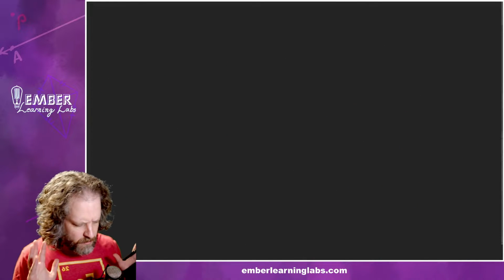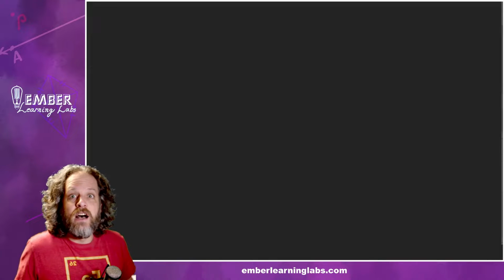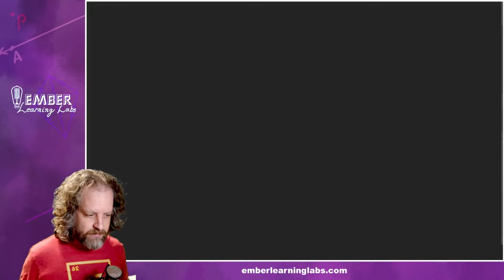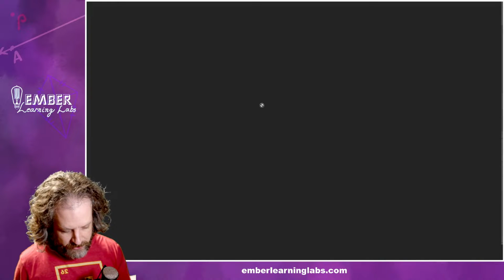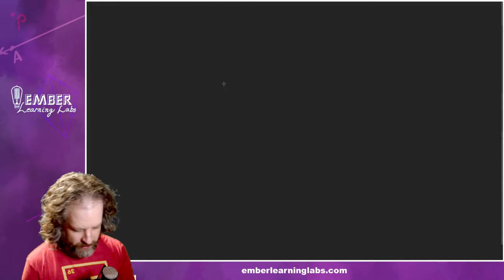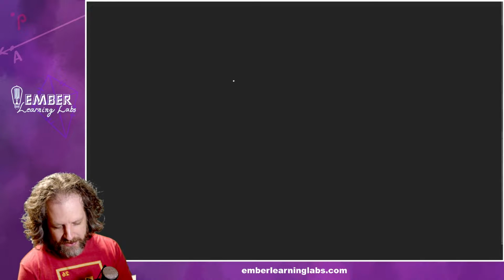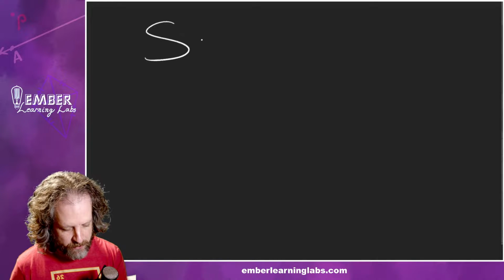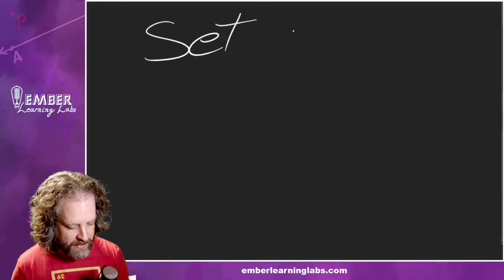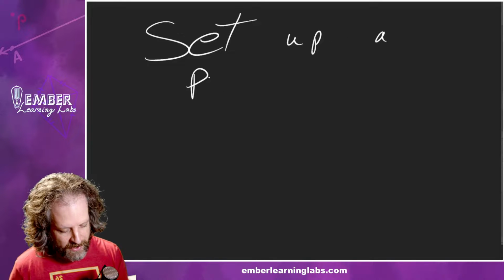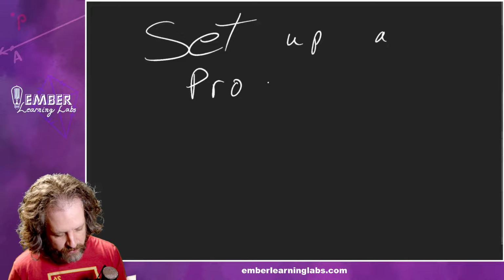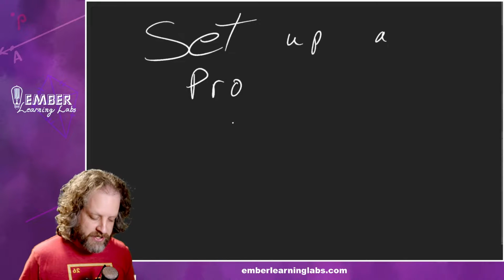Now, how is this helpful? This is a bunch of random words. What I want you to think, when you're trying to solve these, is to set up a proportion. That is your goal when you're solving a problem with scale or scale factors.